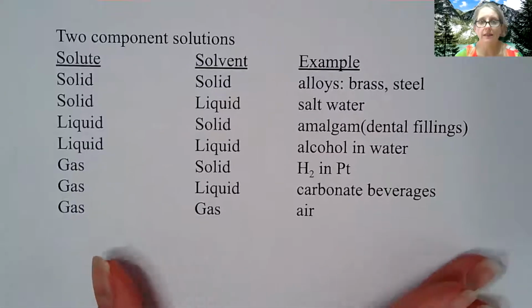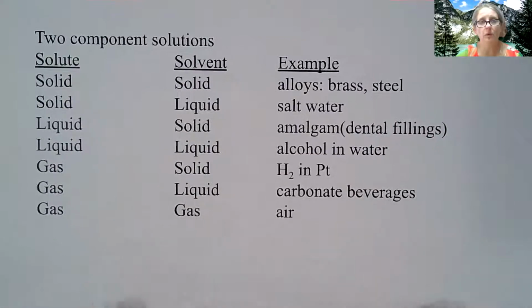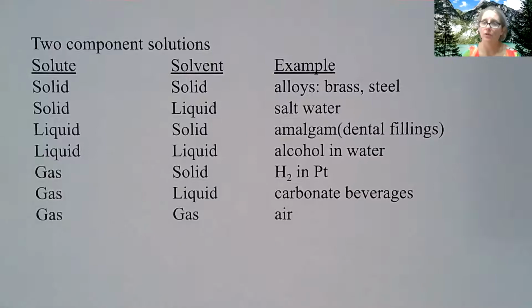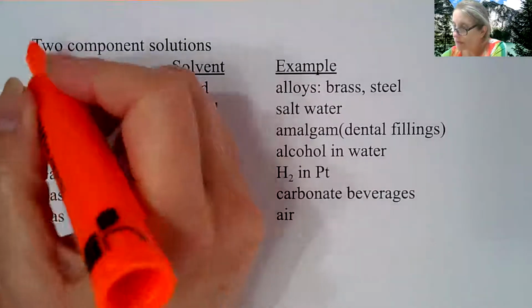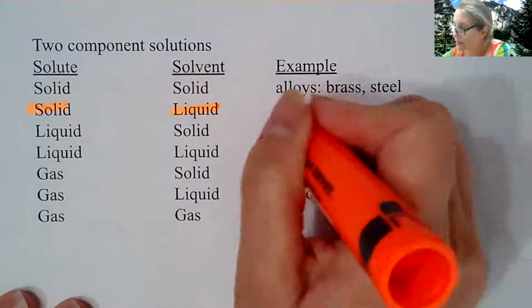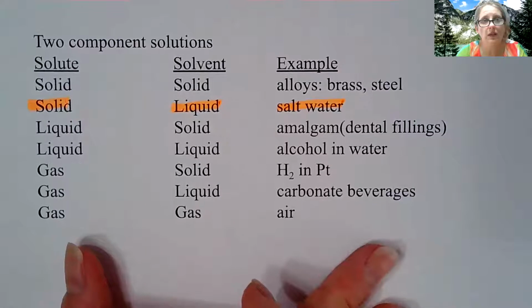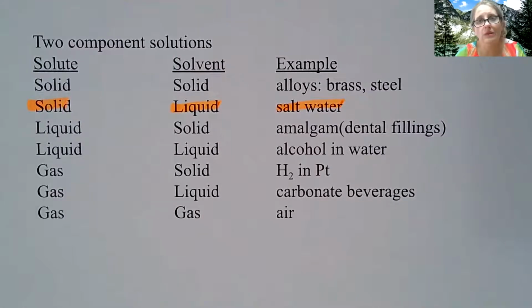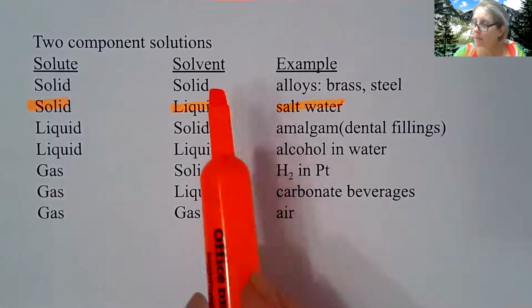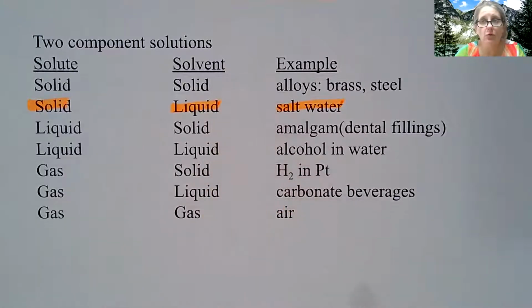If you go to my list here, when we're talking about making a solution, we mostly talk about, of course, solid going into liquid. So when we're dissolving something into water, that's typically what we think of as a solution, and for general chemistry students, that's usually what you're looking at. But what I have on this list is other things that you could consider to be solutions.